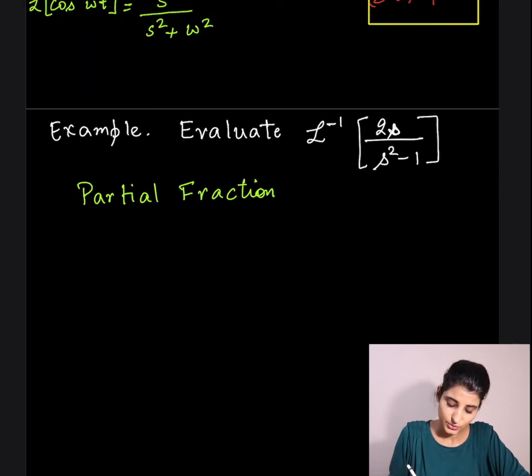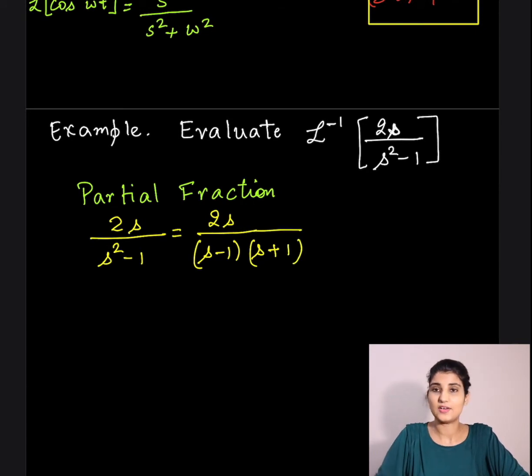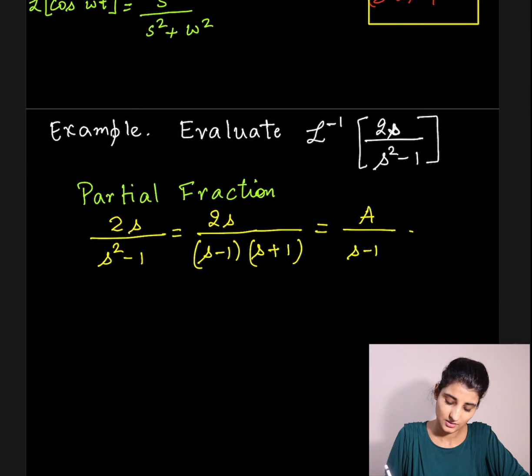We have 2s divided by s square minus 1. We can factorize our denominator as s minus 1 times s plus 1. All the terms in our denominator are linear. So we'll say this is a over s minus 1 plus b over s plus 1.